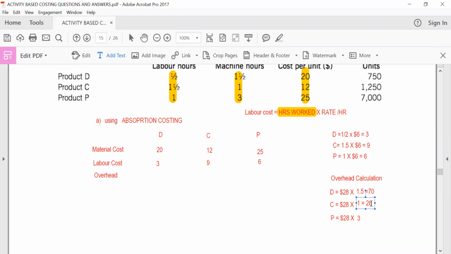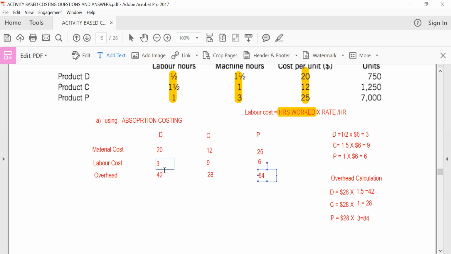Sorry, I made a mistake. It's supposed to be 28 plus 14. That will be 42, right? And here, 28, 28, 56, 28, that gives you 84, right? Stand to be corrected, but I think that is it. So they are all per unit. In the case of product D, it is 42. In the case of product C, it is 28. In the case of product P, it is 84.